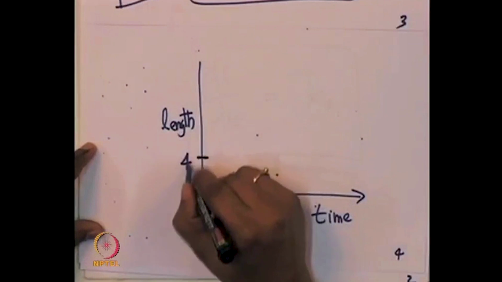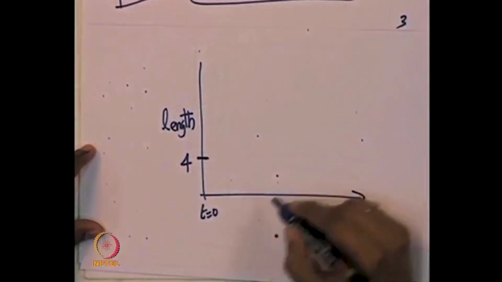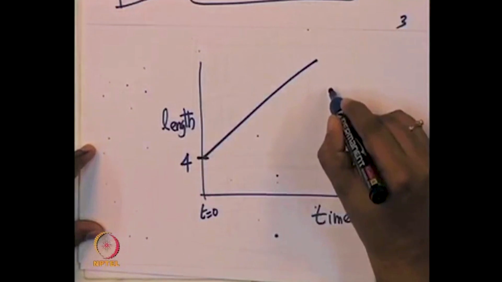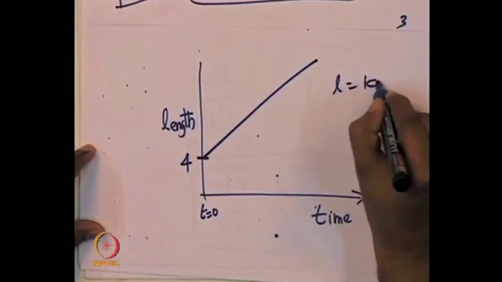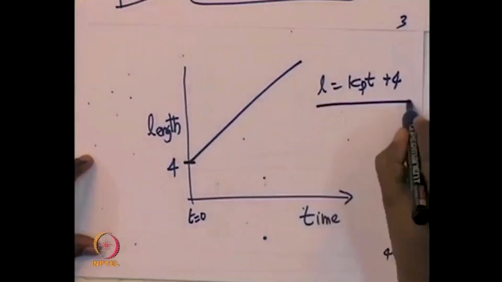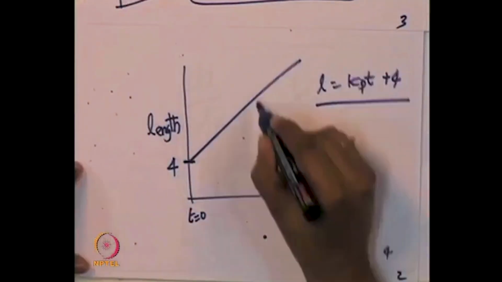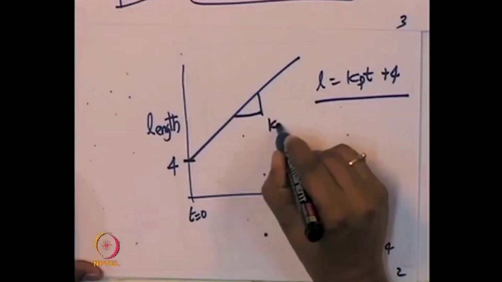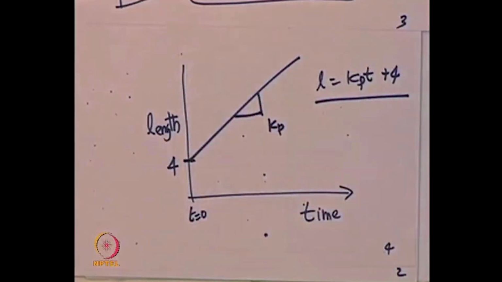So, this is 4, and as the time increased, it increased like a straight line. So, we had L is Kp into t plus 4. This is the equation that we have plotted, where Kp is the slope of this straight line.